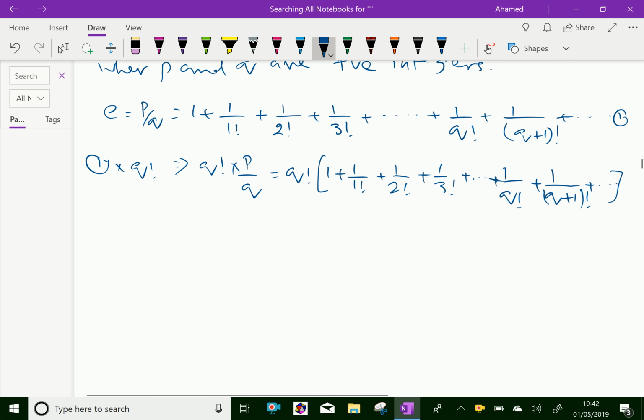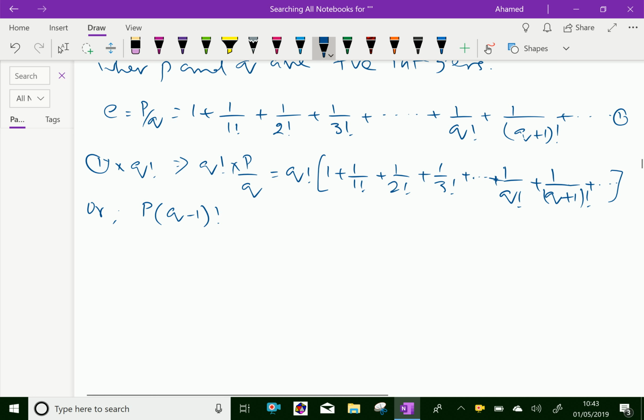Here q factorial can be expressed as q into (q minus 1) factorial, so the left side is p into (q minus 1) factorial.